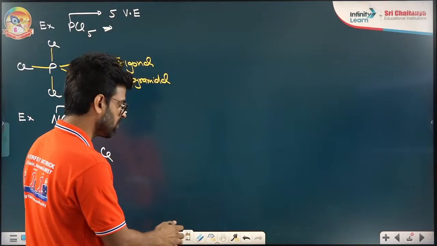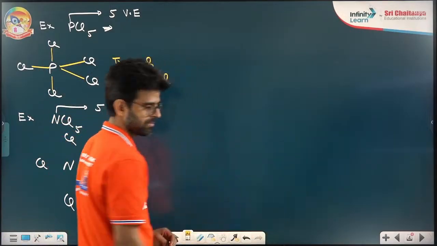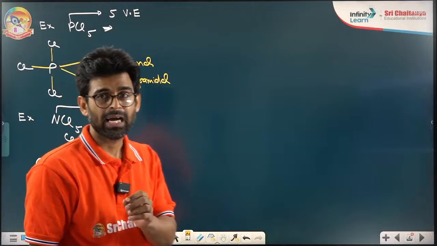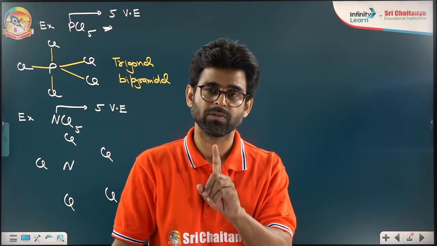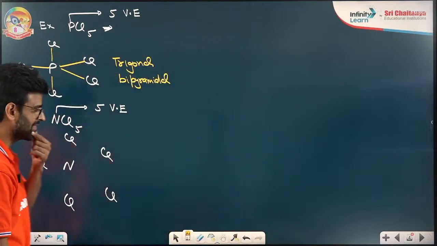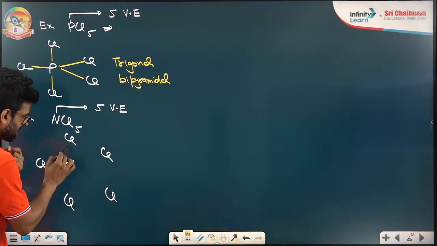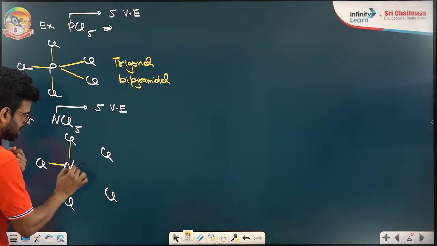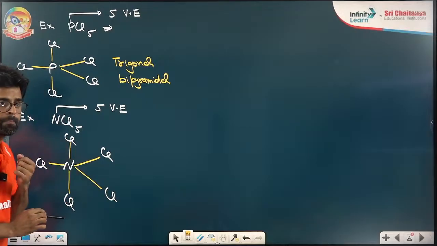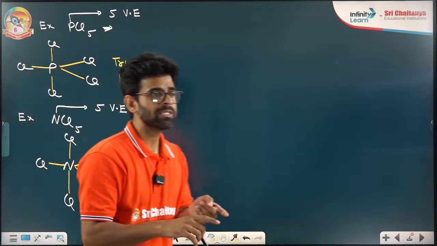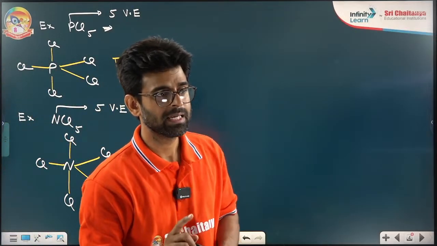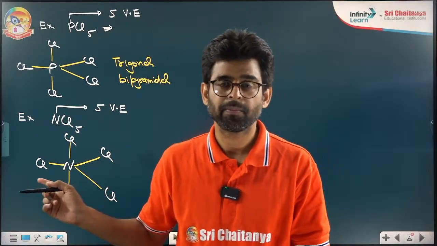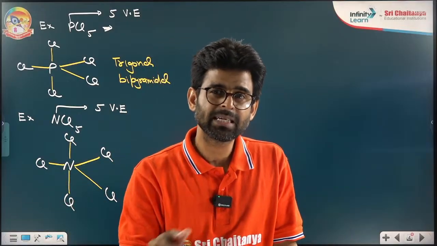Now I know halogen as a surrounding element makes how many bonds? 1 bond, right? So making single. It looks the same. Rohit is saying, sir, 5 bonds are coming. It looks the same.